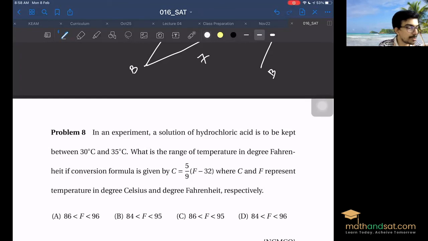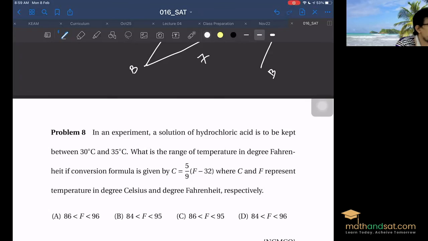So there is a conversion formula here, and in degree Celsius, the value needs to be kept between 30 and 35. So we need to find the corresponding range of values in Fahrenheit. How do we do that?